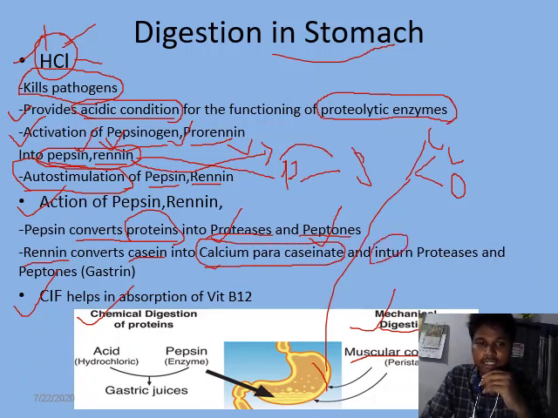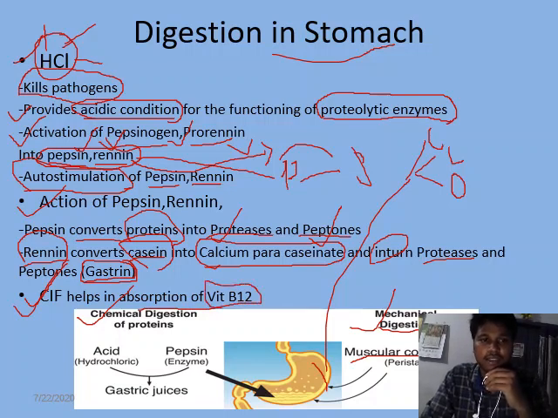Okay, so renin is important to convert casein, which is a protein, into calcium paracaseinate, and that is further divided into proteases. Renin is found in the children. Okay, in the infant stage mostly this renin is found. So gastrin, we learn about the hormone gastrin in the further slide. CIF, which is Castle intrinsic factor, it helps in the absorption of vitamin B12.